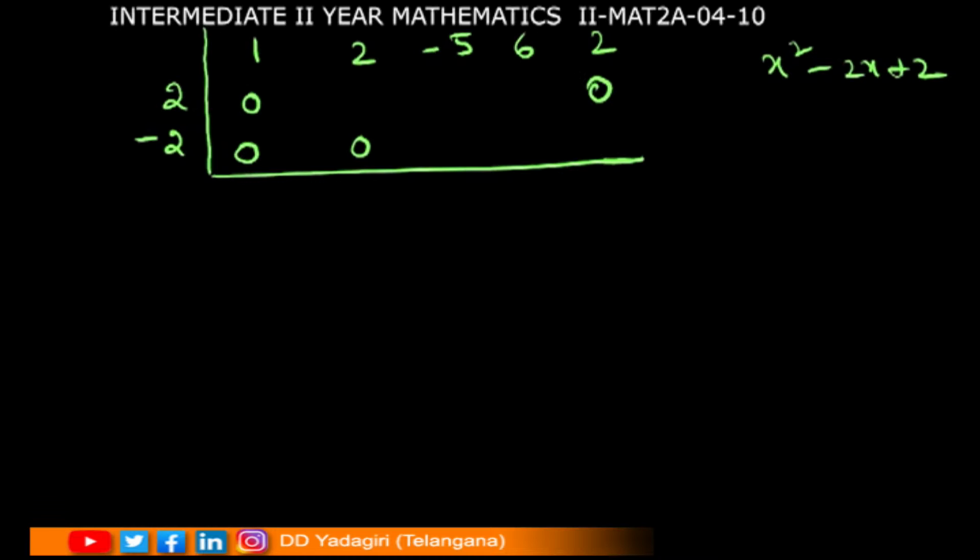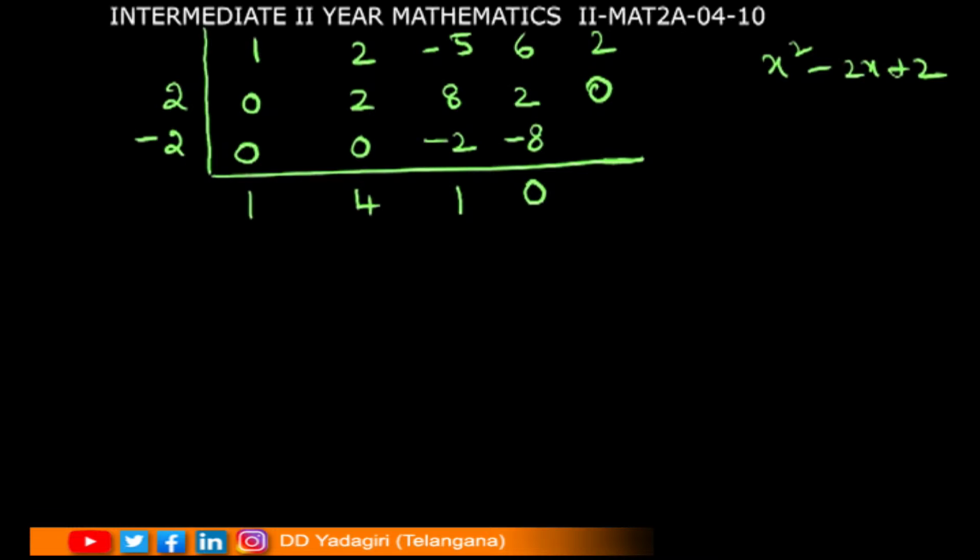1 plus 0 is 1. 1 into 2 is 2. 2 plus 2, 4. 2 into 4, 8. Minus 2 into 1, minus 2. 8 minus 5 is 3. 3 minus 2, 1. 1 into 2, 2. Minus 2 into 4, minus 8. This gives you 0. 2 into 0 is 0.